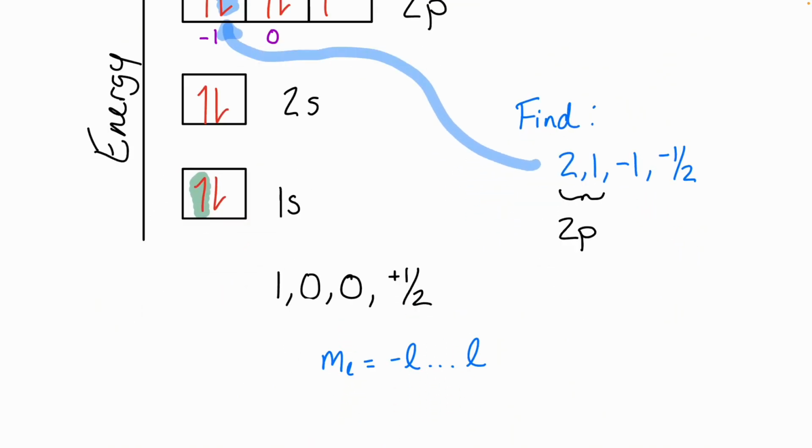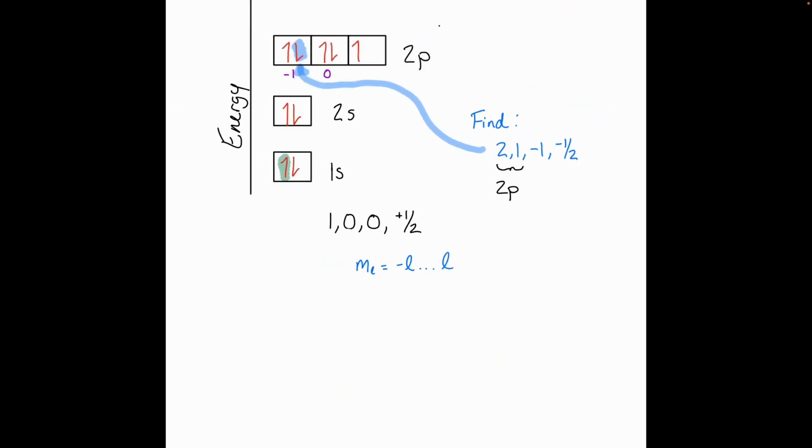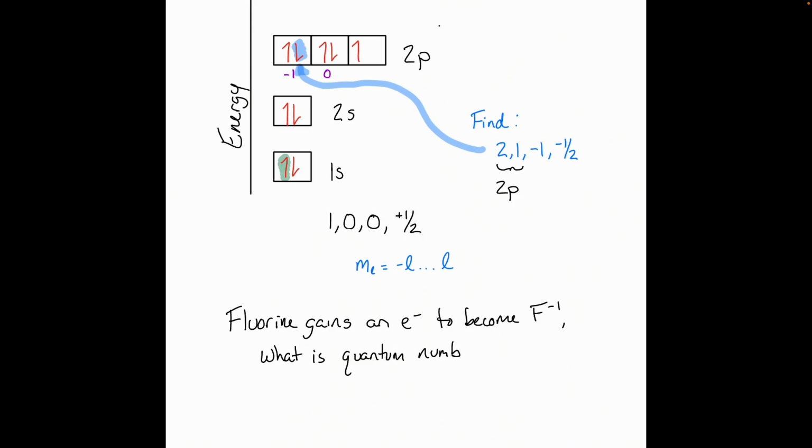And then lastly, just to tie this in with what we did at the very beginning, let's ask: fluorine gains an electron to become the fluoride ion. What is the quantum number address of that electron?